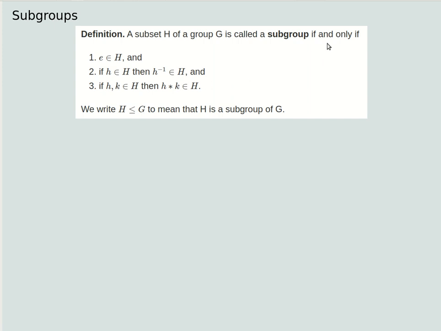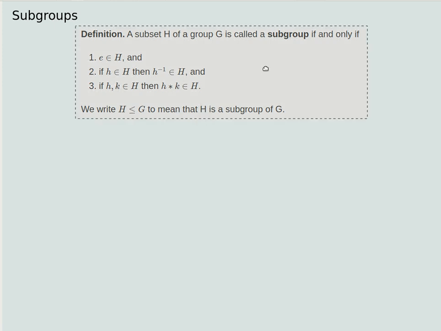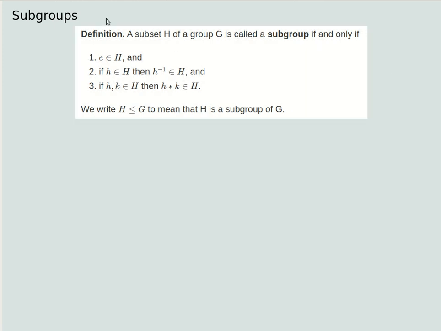Property 2 is sometimes called closure under inverses. This says if you've got an element in the subset H, then its inverse has to be in the subset as well.